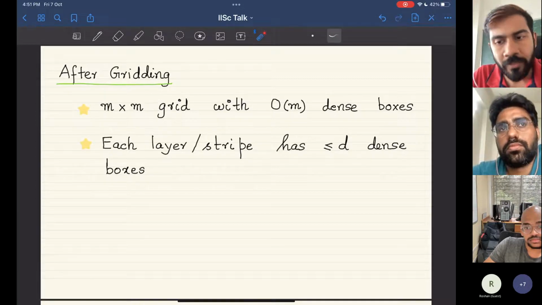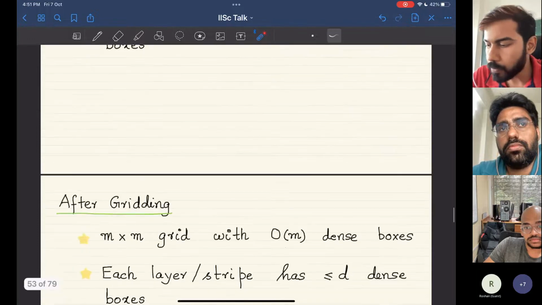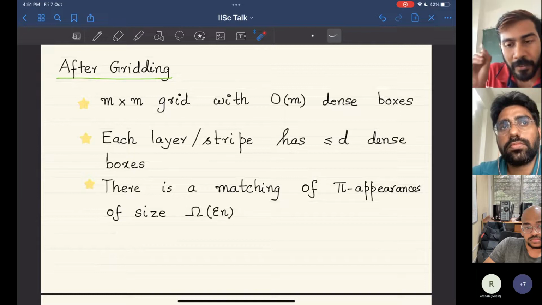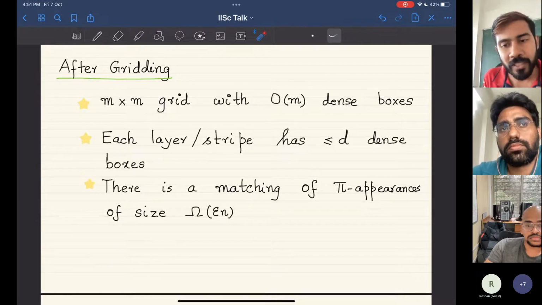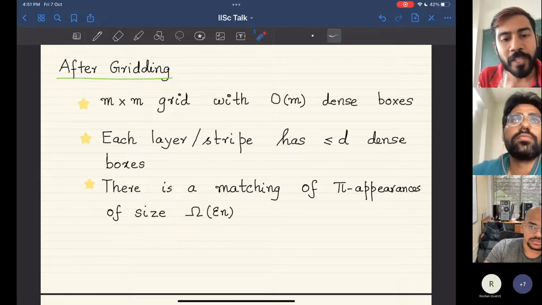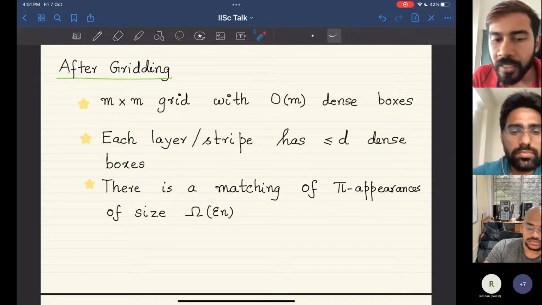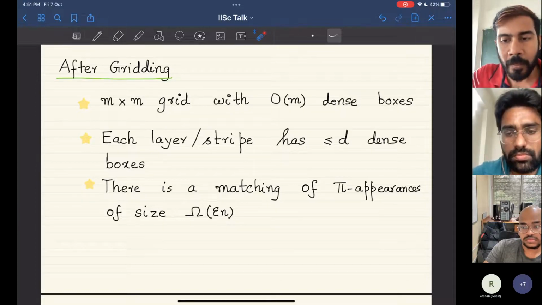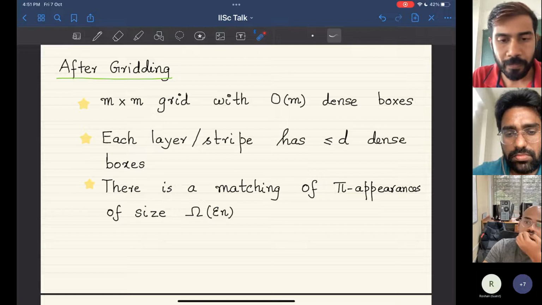This is an averaging argument. And in this sub-region that we are looking at, there is a large matching of pi appearances. We didn't lose out on anything. Most of our interesting pi appearances are in this region.